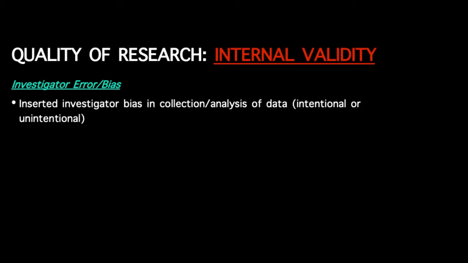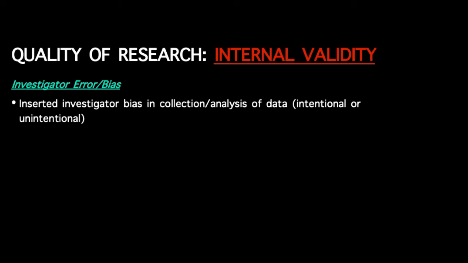The other type of error we can have is investigator error or bias, and this is related to error by the person who's actually taking the measurements. This is usually why we want to use validated tools and protocols, because if we're purely going off of observational research to collect data, let's say I wanted to see someone's reaction time and I was using a stopwatch, right?